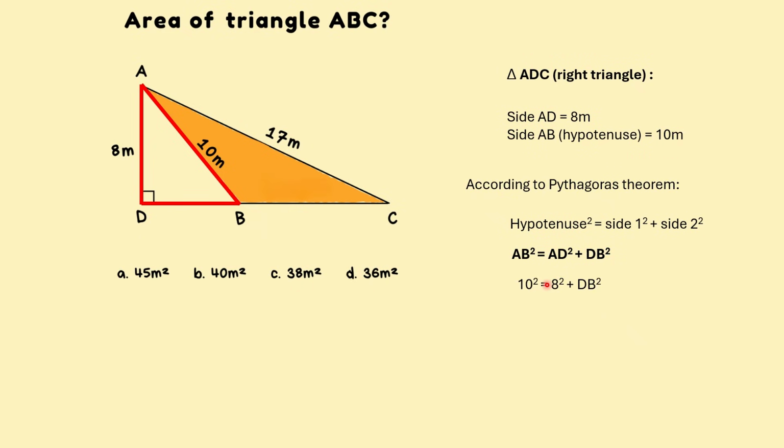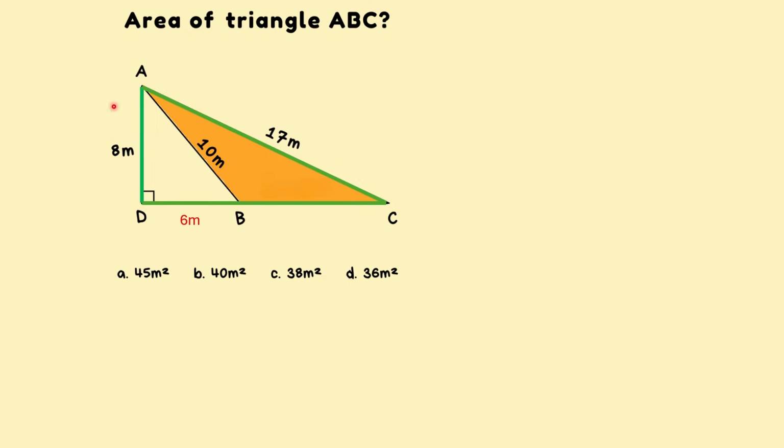And plugging in the values, we have 10 square is equal to 8 square plus DB square. DB square is equal to 10 square minus 8 square, which is 100 minus 64, and we have 36. Therefore, side DB is equal to 6 meters. Now that we found out the side DB, let's move on to phase 2 of the solution.